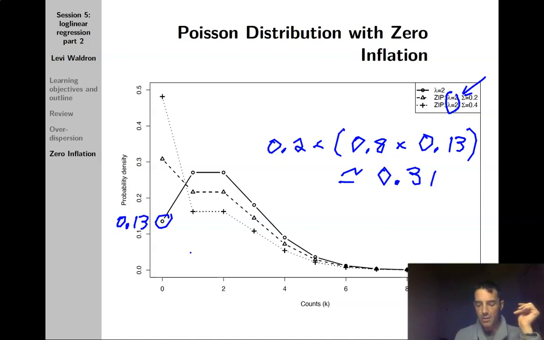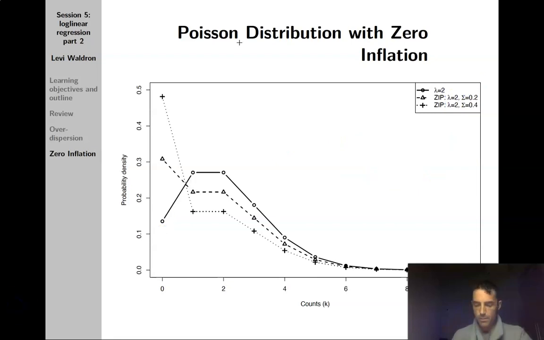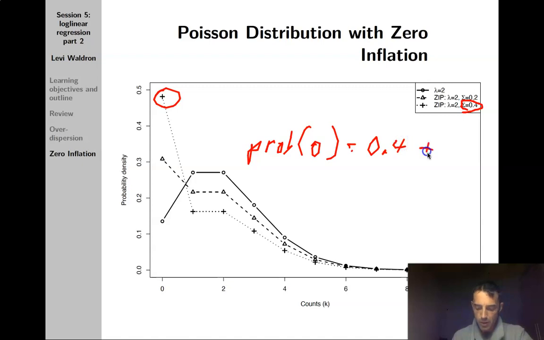And then in this third case, with the zero inflated probability of 0.4, there's our zero probability. If I were going to calculate it, I would say the probability of 0 would be 0.4 plus 0.6 times, and again it was 0.13.